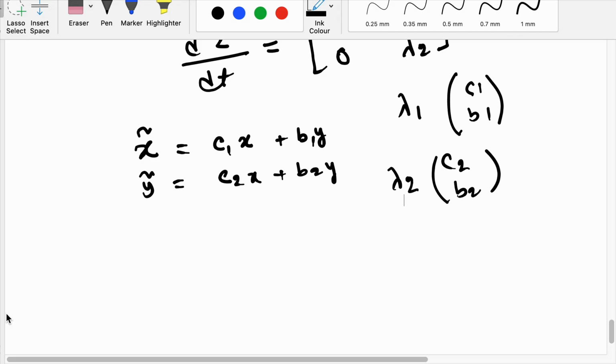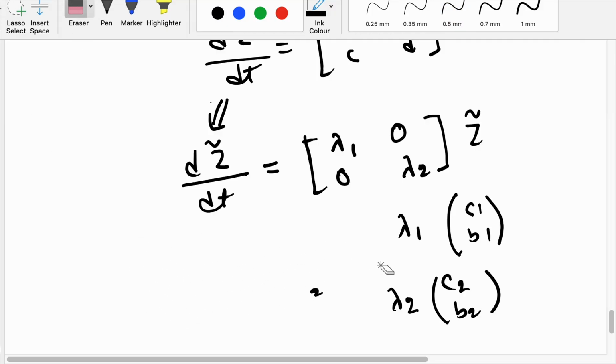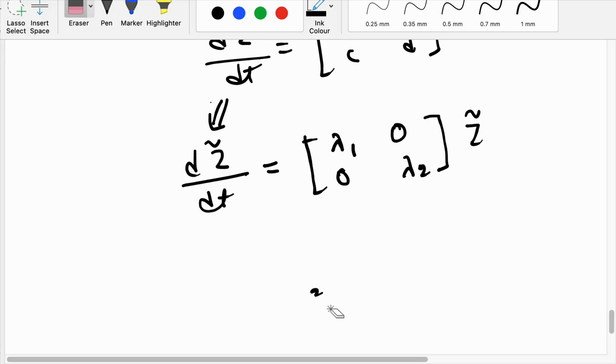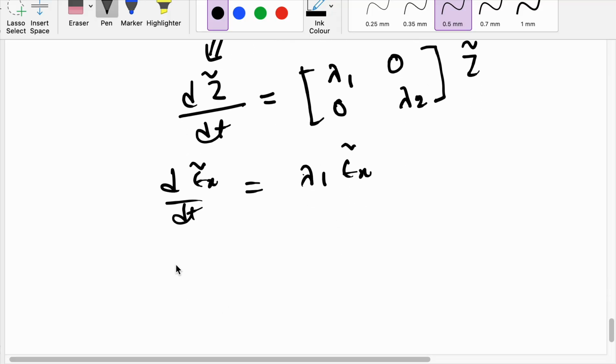Exactly. So now, if it is clear, we can write the equation in terms of this. d/dt of epsilon x tilde will be lambda 1 epsilon x tilde, and d/dt of epsilon y tilde equal to lambda 2 epsilon y tilde.